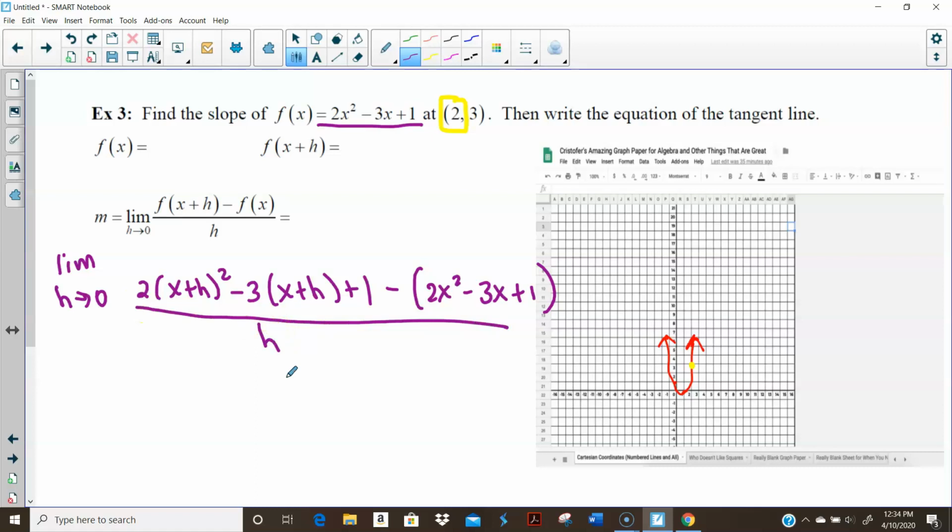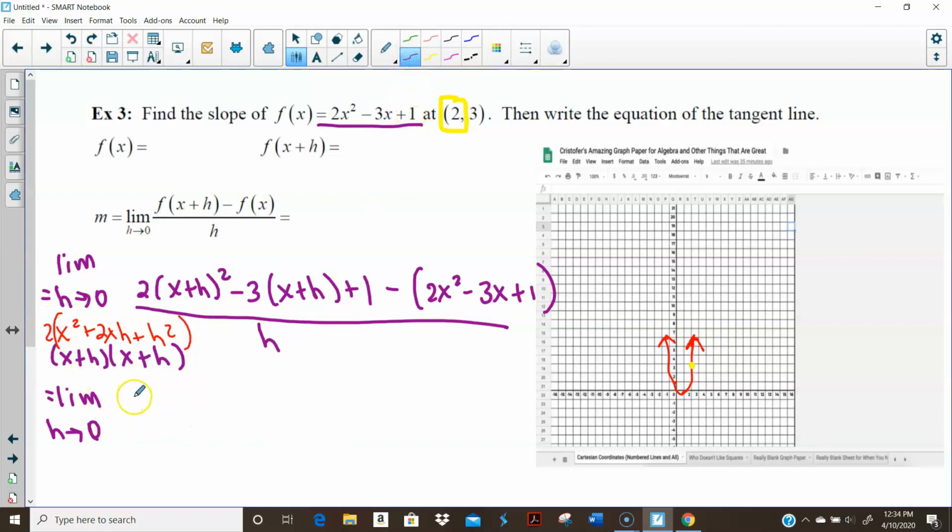So now we're going to go ahead and simplify that. The first thing we're going to want to do is multiply x plus h times x plus h. And this is going to equal, I'm going to keep the limit, so the limit as h approaches 0. X plus h times x plus h gives me x squared plus 2xh plus h squared, and we need to multiply that whole thing by 2.